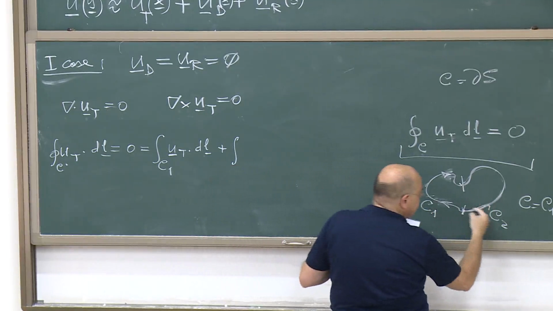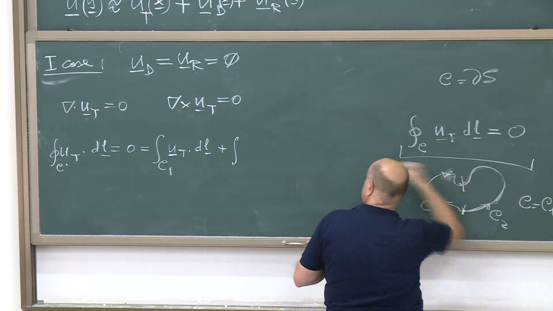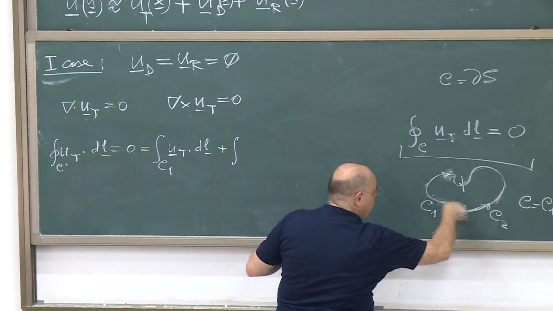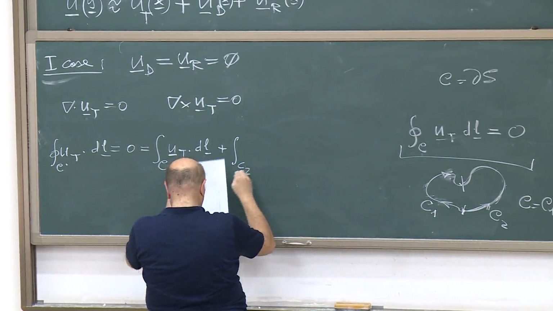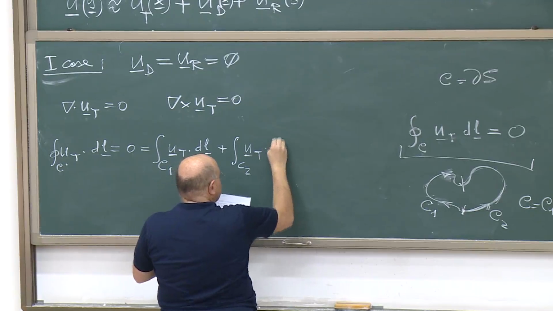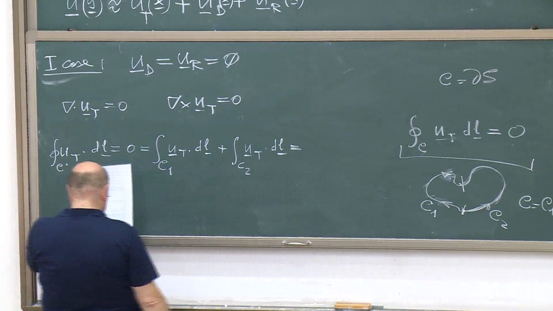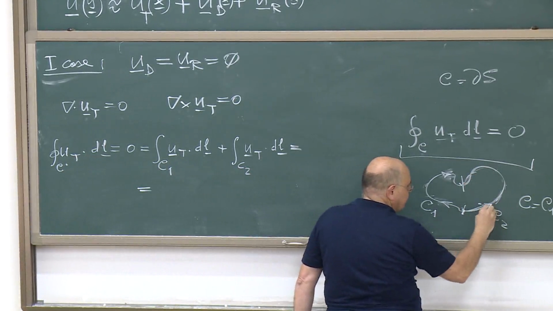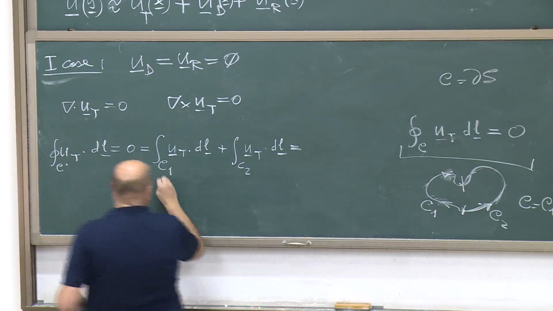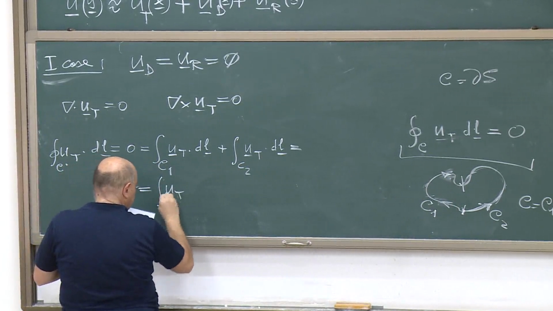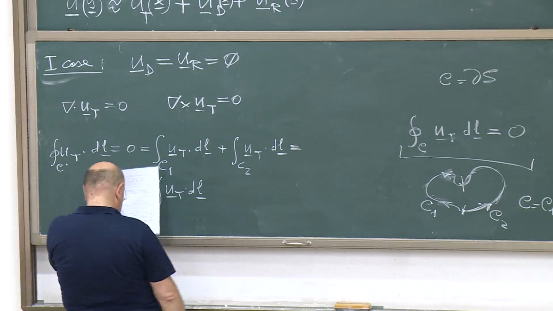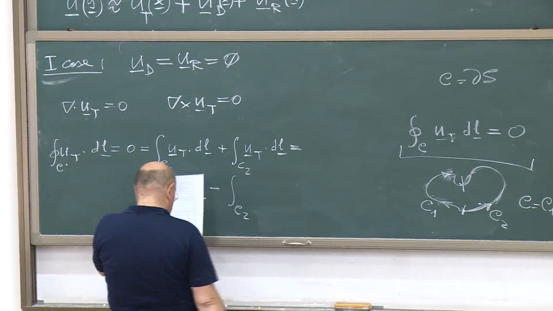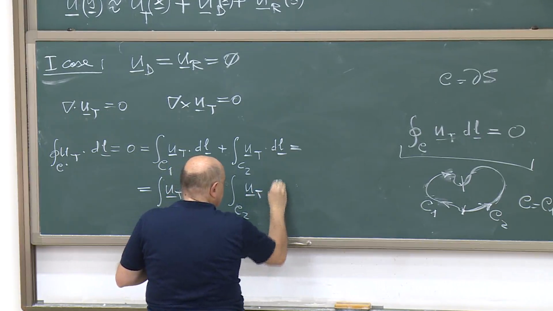For the moment, I keep the length the same, so orientation is going all the way consistently. So I have the integral along C2 of ut dl, because I simply split the integral. But now I want to reverse sign. I want to go from here to here along the direction, and I'm just reversing sign. So the second curve will change sign. I have the integral along C1 of ut dl minus the integral along C2 of ut dl.